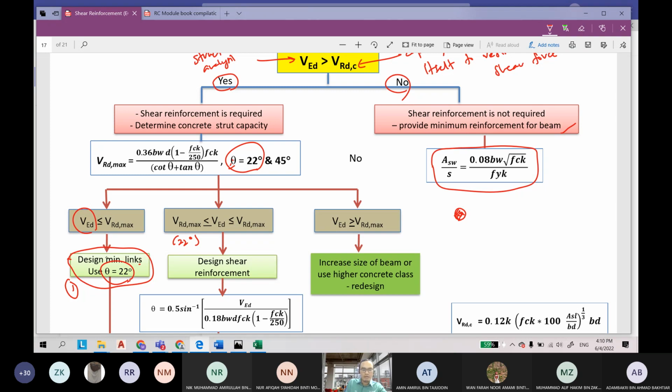However, if our VED is greater than VRD max for theta 22 degree, we have to check for theta 45 degree.